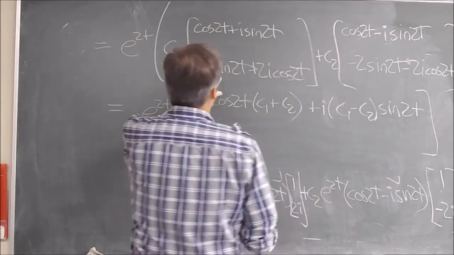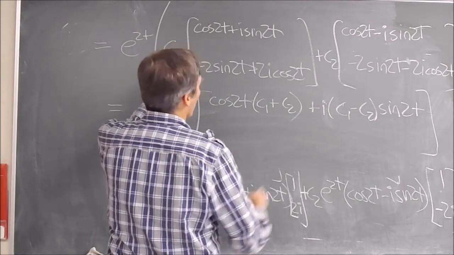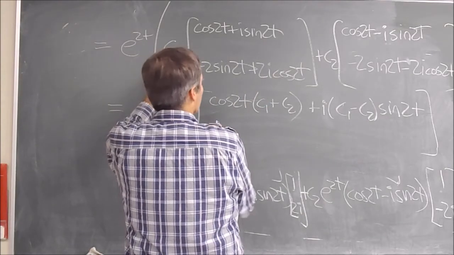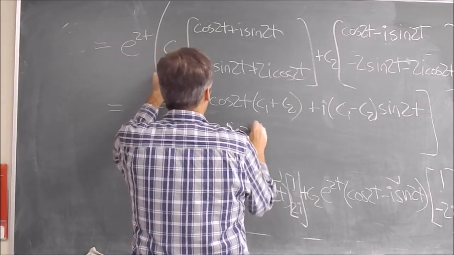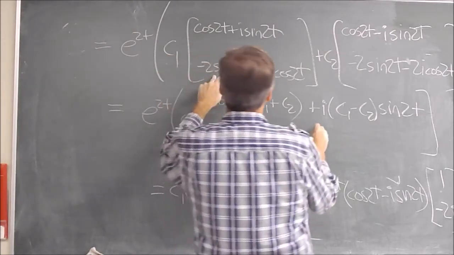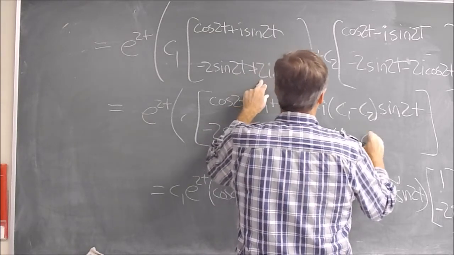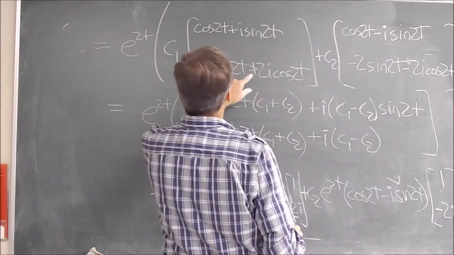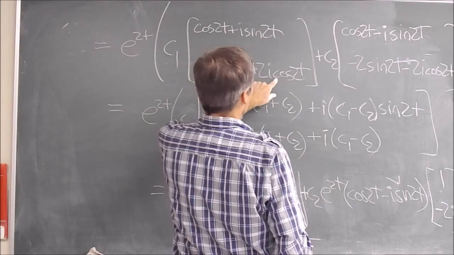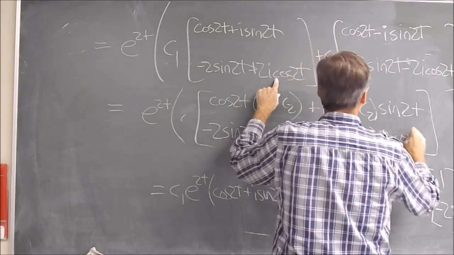And now down here, I've got minus 2c1 sine and minus 2c2, so I got minus 2 sine 2t multiplying c1 plus c2. And over here, in the i part, I've got c1 minus c2 again, multiplying 2 cosine 2t.